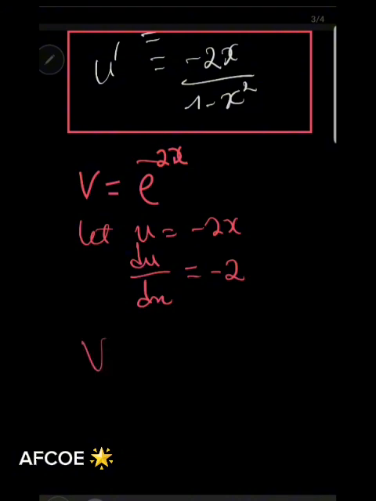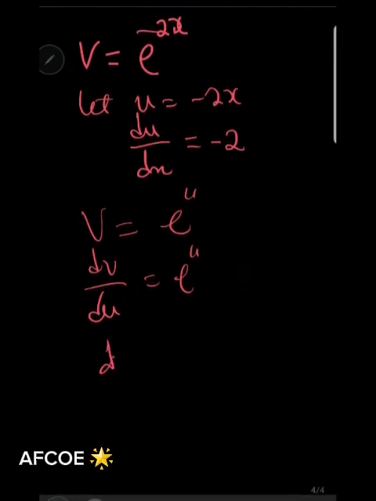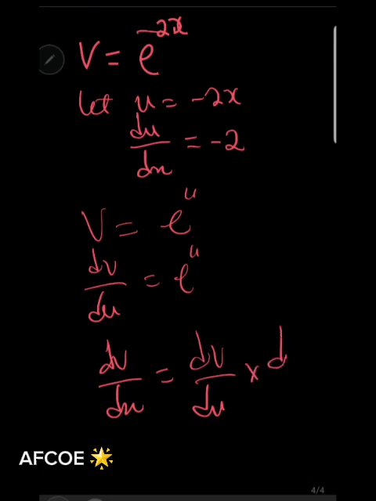Now our v will be equal to e to the u, and our dv on du will simply be equal to e to the u. If you differentiate e to the something, you just get that. Now we come to find our dv on dx, which will be dv on du times du on dx.